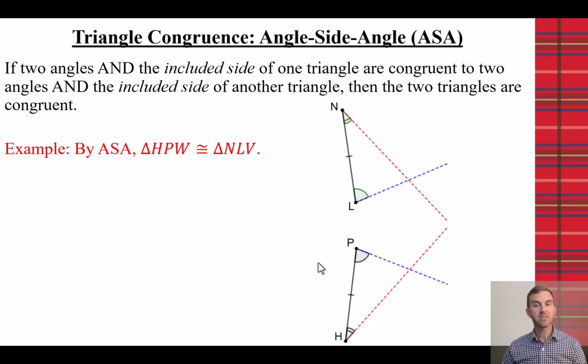And you can see how those lines cross. They're crossing in the same way that is going to create the two congruent triangles. So let's fill in those dotted lines, and we can now see that HPW matches with NLV. And then if we rotate it and flip it over, we can see, yeah, they do align.